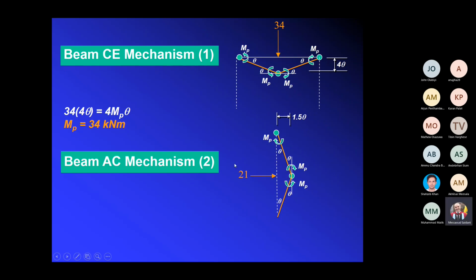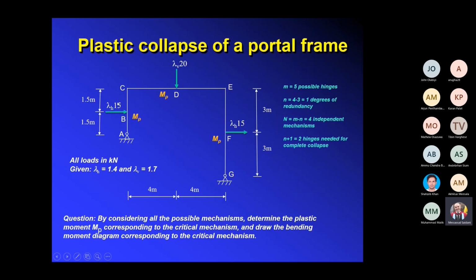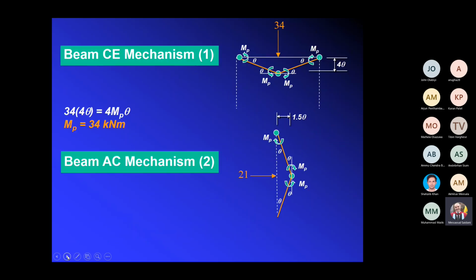Now the load here, if you go back, is 15 times 1.4, which gives you 21. Now the external work will be 21 times this displacement, and the displacement is 1.5 theta, because the height of the column is 3 meters, so this distance here is 1.5 meters.